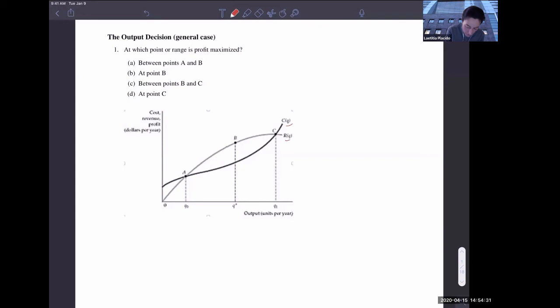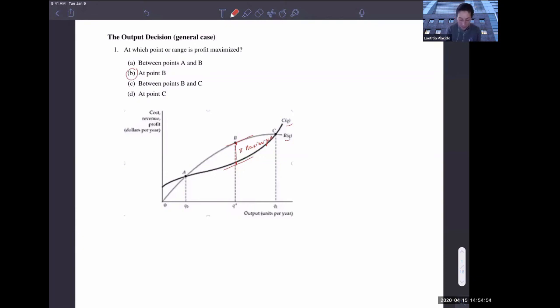Here you can draw the slope of this function, and you know that here profit is maximized. So in point B you get the maximum possible profit.